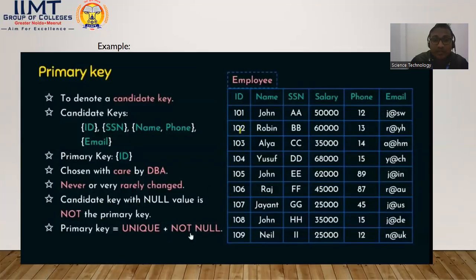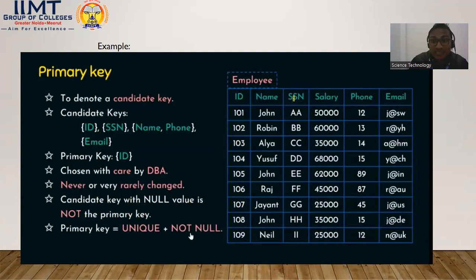Candidate key with null value. This is null value. Candidate key with a null value, but primary key doesn't have the null value. Not the primary key. And primary key has no null value, no duplicate value. This is the column of primary key. ID is a primary key.